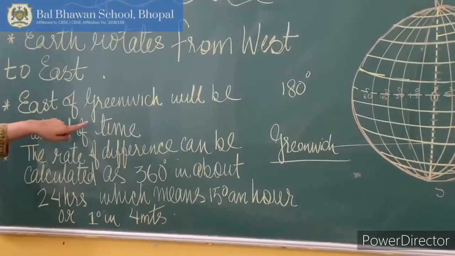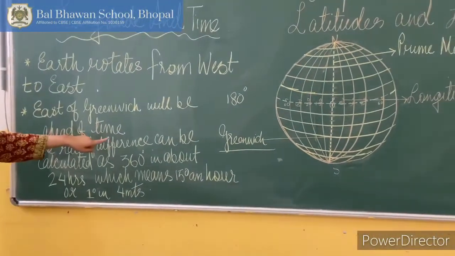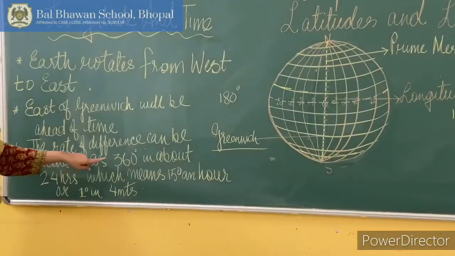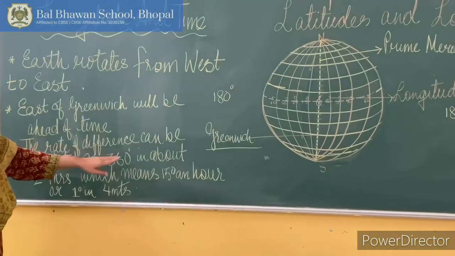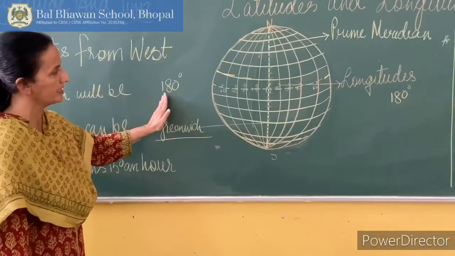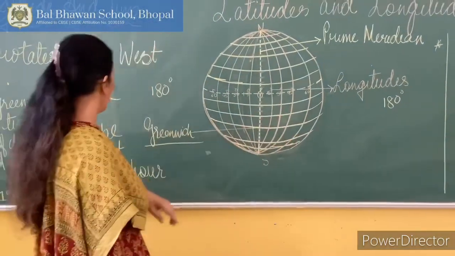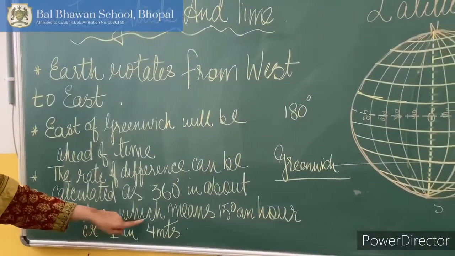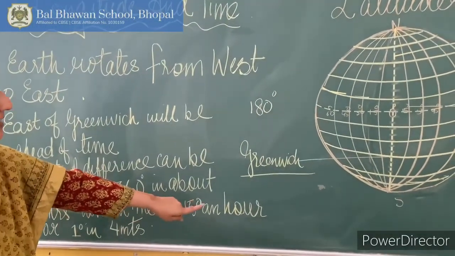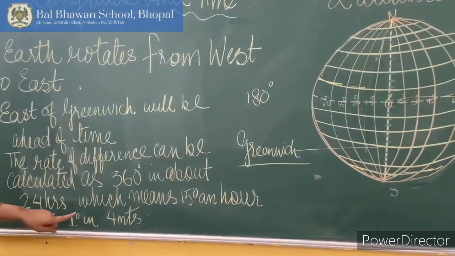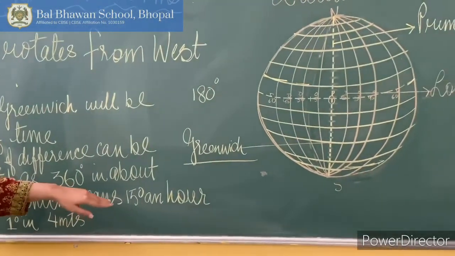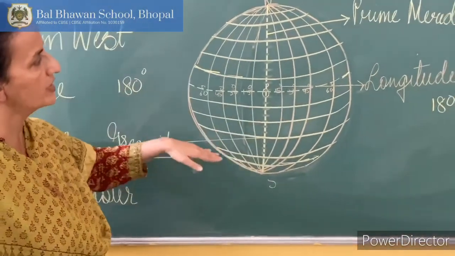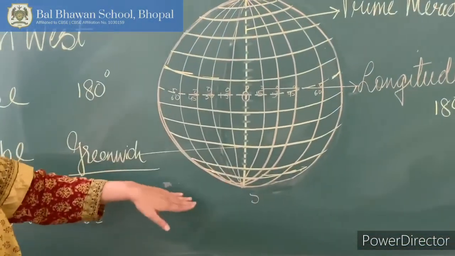So east of Greenwich will be ahead of time. The rate of difference can be calculated as 360 degree, meaning 180 degree here and 180 degree in the east, is 24 hours, which means 15 degree an hour or 1 degree in 4 minutes. This is how the time is calculated with the help of this grid, which you can see in this image.